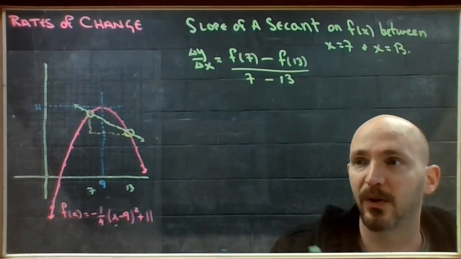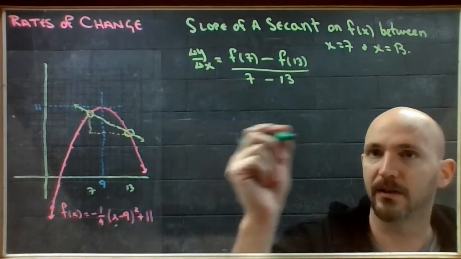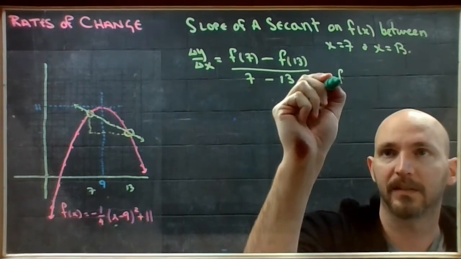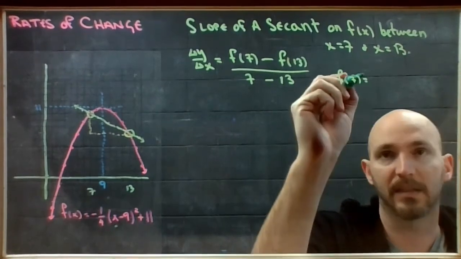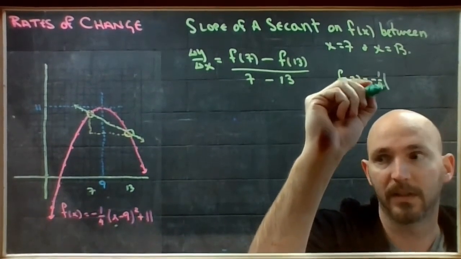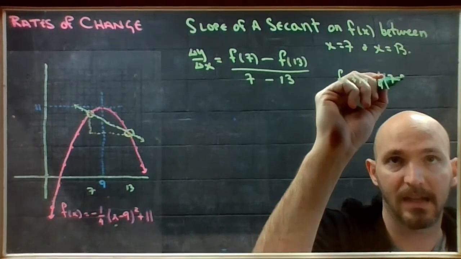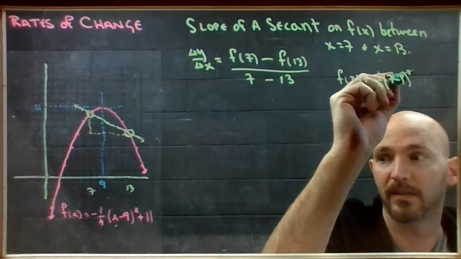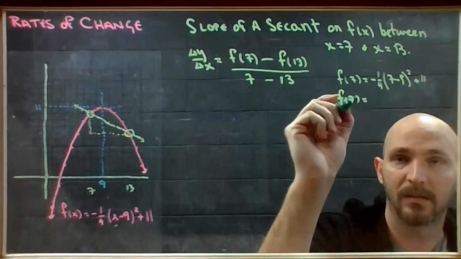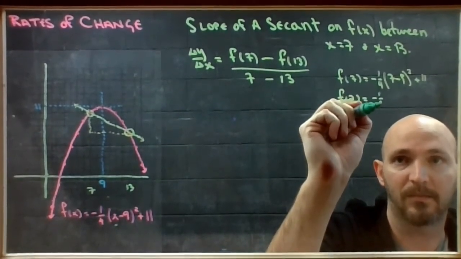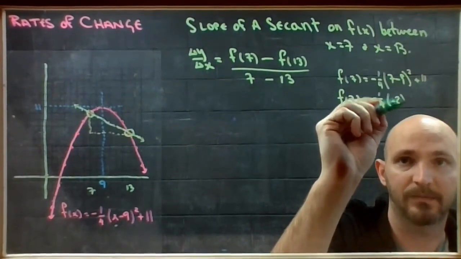Okay, so to do a little work here, the function at 7 would be negative 1/4 of (7 minus 9) squared plus 11. So 7 minus 9 is minus 2.